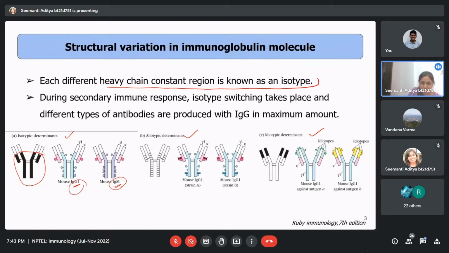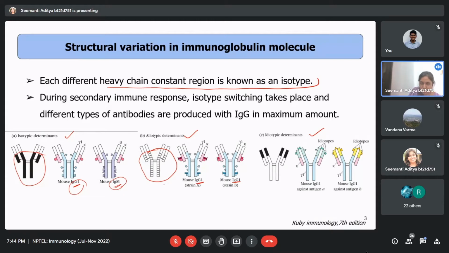So differences in the constant region of heavy chain and light chain give rise to isotypic determinants, whereas allotypic determinants are differences in the constant region only. Here you will see that there are differences in the constant region of your heavy chain and light chain, but not the entire region. There will be certain amino acids that will be varying in this constant region, that will give rise to different kinds of IgG molecules only, not that your entire isotype is changed.